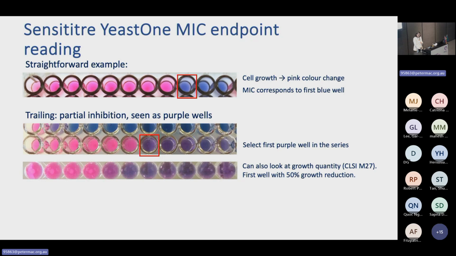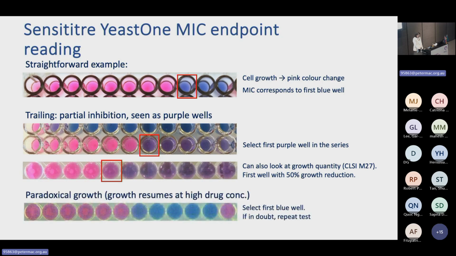I know that nobody can see the cell growth in there, or maybe you can. But trust me, I decided that the well with at least a 50% reduction in growth is this one here, which I also think is slightly less pink than the wells to the left. But again, you can see how that might be a little bit subjective.